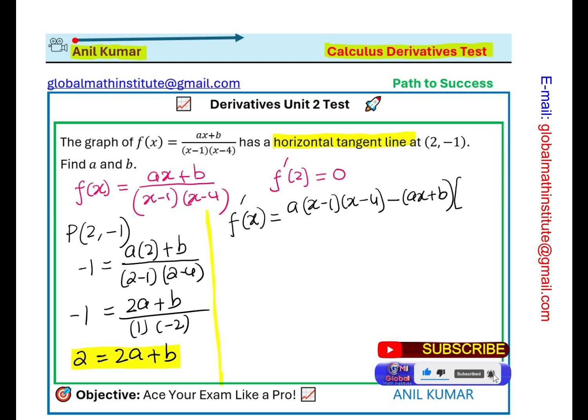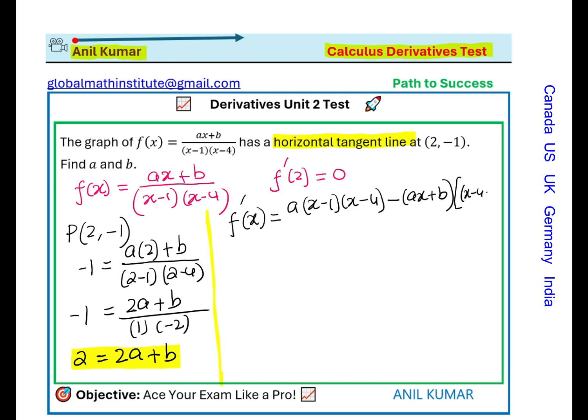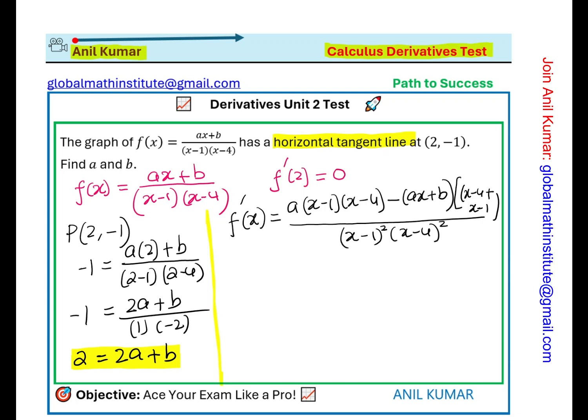You could actually expand this and get a simpler expression, but you could use the product rule. So the derivative of x minus 1 is 1 times x minus 4, plus the derivative of the second function times x minus 1. The denominator is the square of all this, x minus 1 times x minus 4, whole square. You get the whole idea. Since we are given a point, there's no need to expand and simplify.